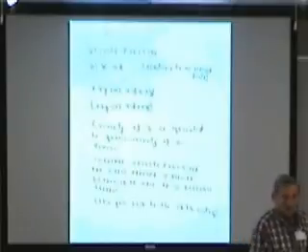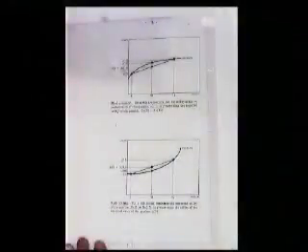But first let me explain how concavity of the utility function plays a role. It plays a role in many settings. Perhaps the easiest one to understand is the attitude toward risk. So here you have a picture of two individuals.